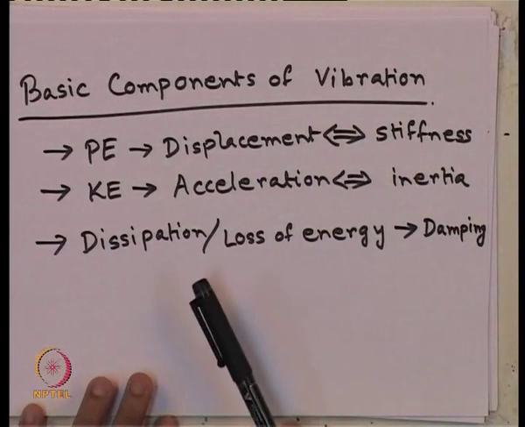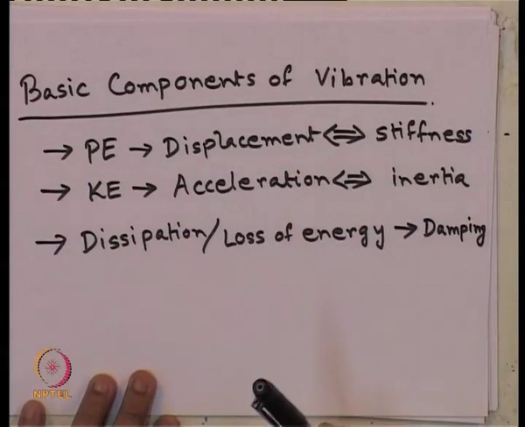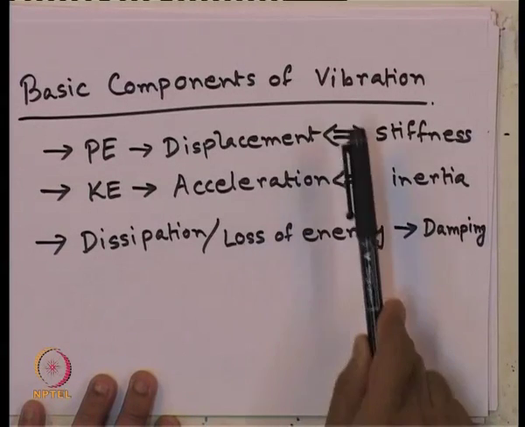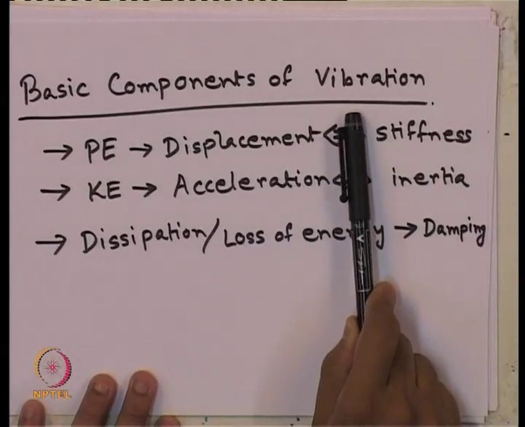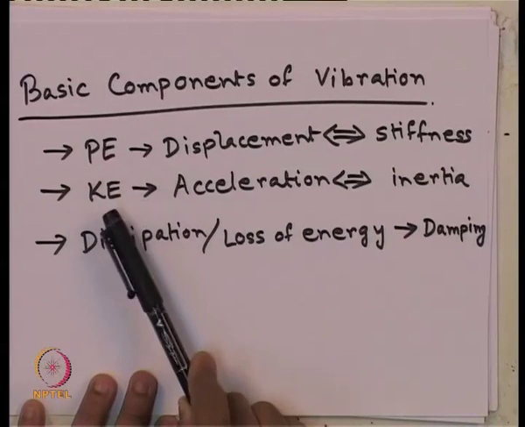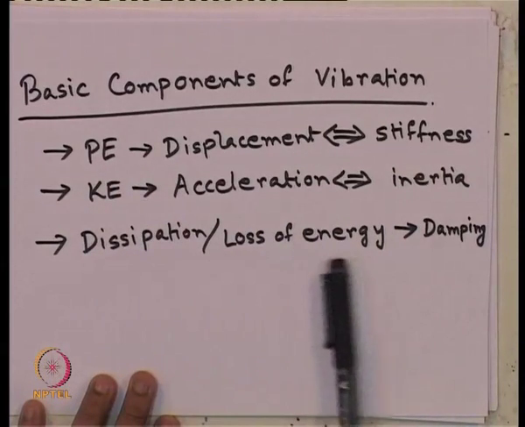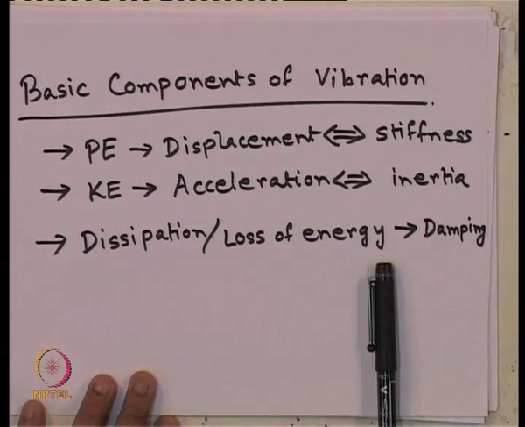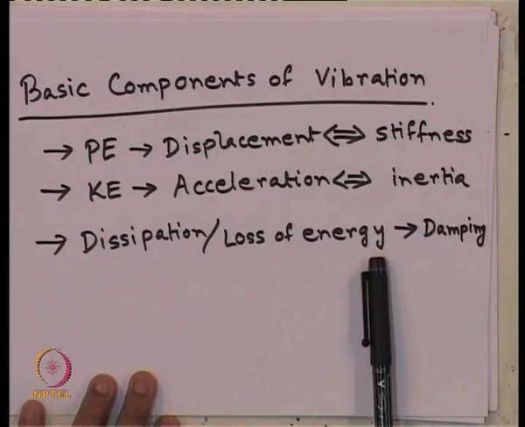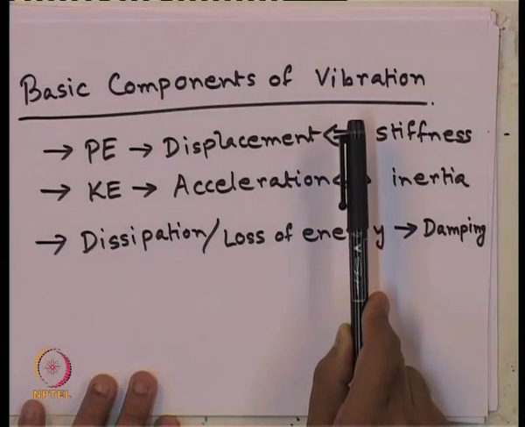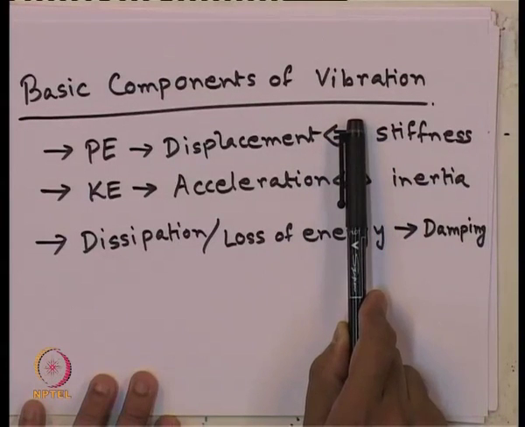So, one can easily see the load is called dynamic load only when the vibration occurs, that means exchange of potential energy to kinetic energy, or with a loss of energy. Then only the applied time varying load can be called dynamic load.